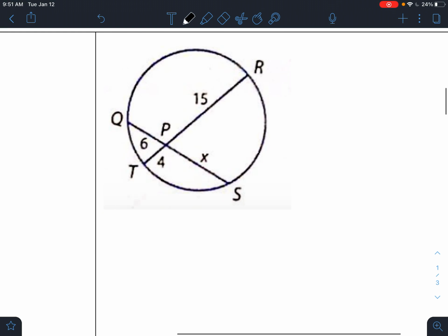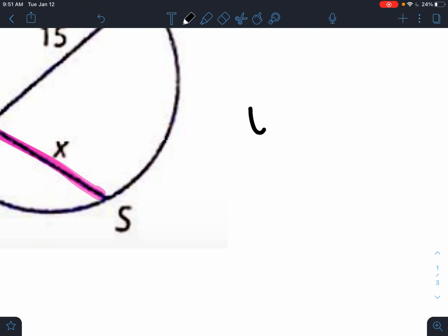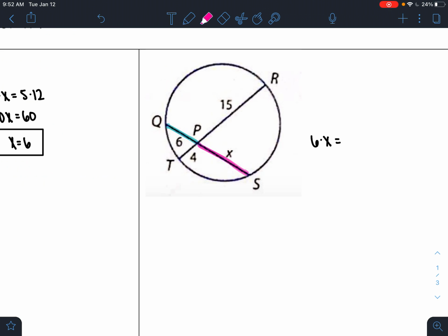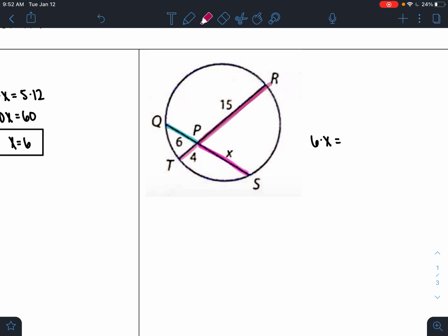Let's try the next one. Same idea. I like to start with the one with the X, so 6 times X equals, and then I look at the other chord and do 4 times 15.